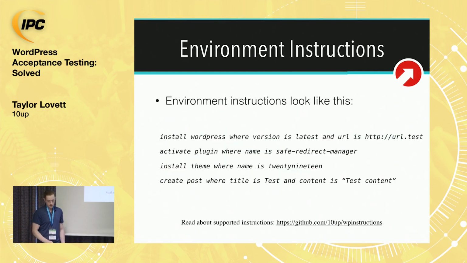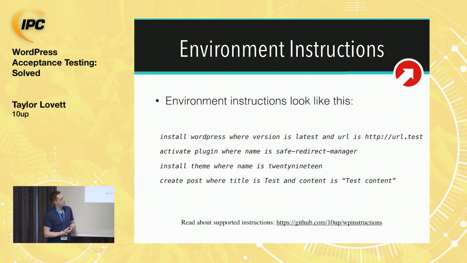So here is what those environment instructions look like. This is just an example. The instructions are intended to be human readable lines. The first one: install WordPress where the version is latest and URL is url.test. Activate plugin where name is Safe Redirect Manager.